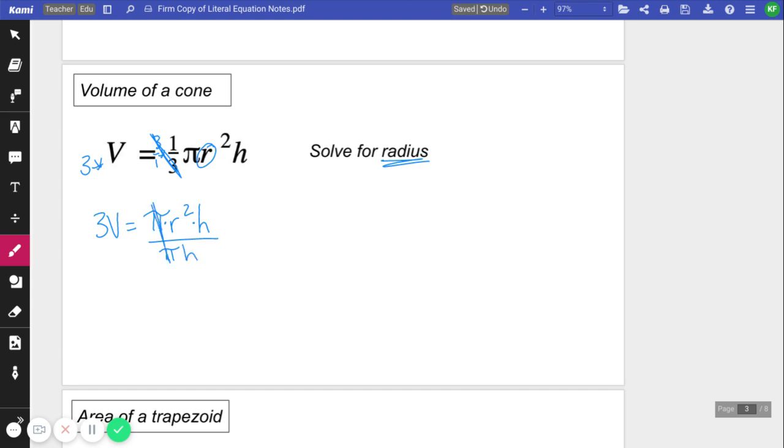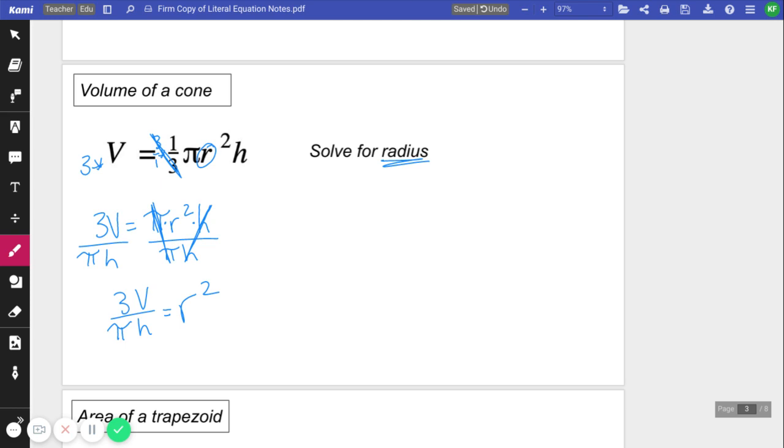So again, I'm canceling out the other two things on that side, and I'm leaving r squared by itself now. So pi h is divided on both sides. That gives me 3v over pi h equals r squared.